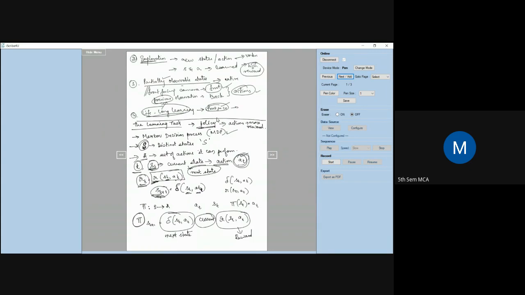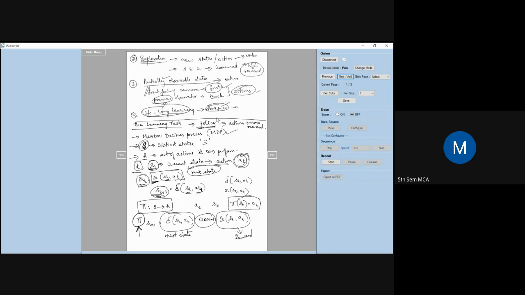Now, as I told you, the agent has to learn this pi. Pi is a function which maps the set of states to the set of actions, which I have also written like this. Look here, this way also you can write that. Now we have to specify how we can train the agent on this particular function, for what state, what action it has to choose.